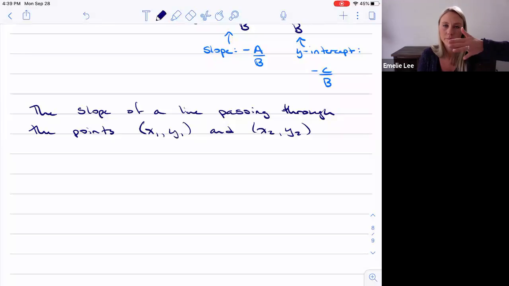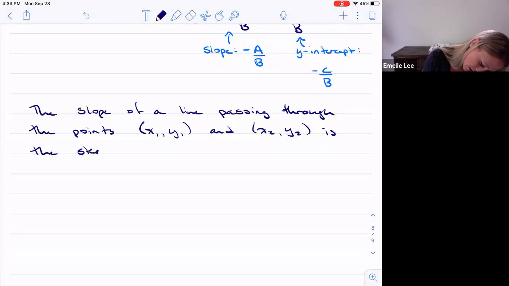So kind of the pitch, I guess, is the steepness of that line.